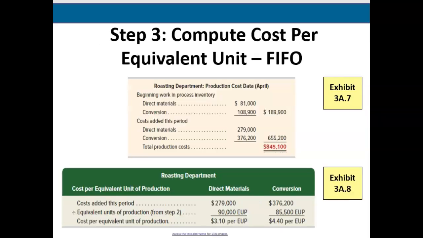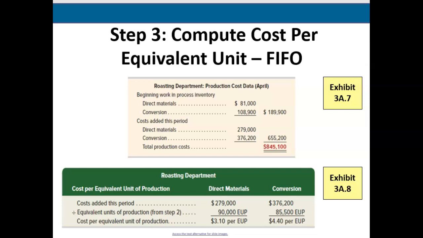Step 3 uses equivalent units of production from Step 2 along with cost data to compute cost per equivalent unit. FIFO computes the cost per equivalent unit based solely on this period's costs. Production cost data for the roasting department are in Exhibit 3A.7. Remember, conversion costs equal direct labor costs plus factory overhead costs applied.